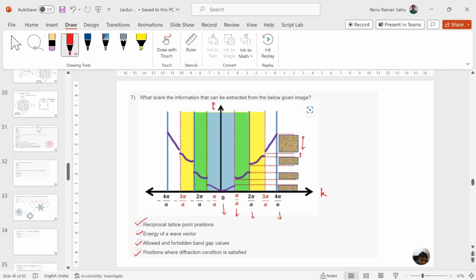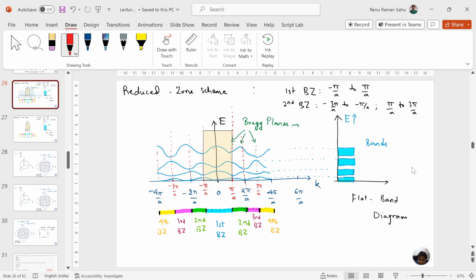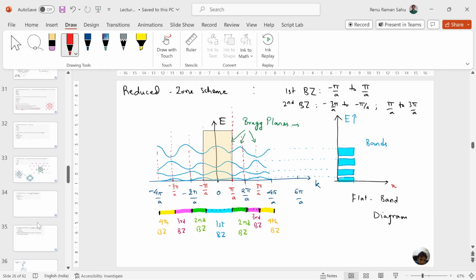On the x-axis, it is not k. Here the x-axis is usually the position actually. You don't have the value of k. K is not available. K is just here in the reduced, extended and repeated zone schemes, and these are equivalent things.